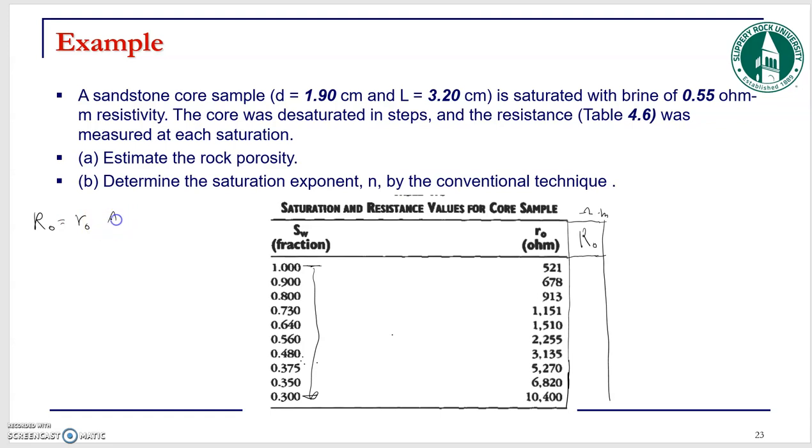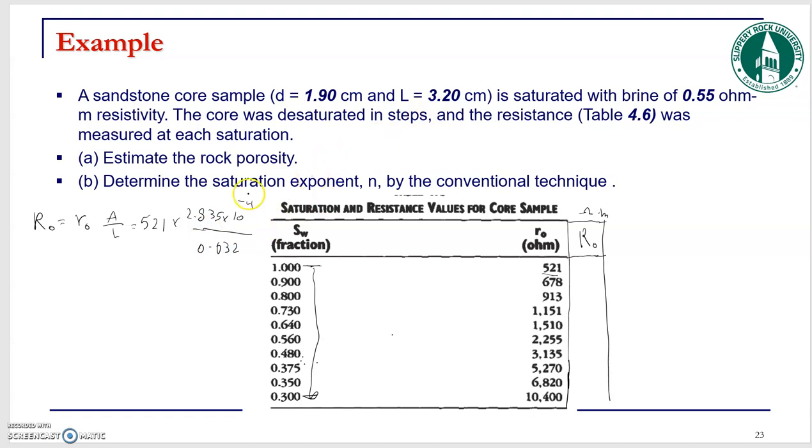It's pretty straightforward because we have the relationship between resistivity and resistance. It's R0 multiplied by cross-sectional area divided by the length of the core sample. So if we do it for the first data point, that's 521 multiplied by the cross-sectional area. If you do the calculation, you'll get 2.835 multiplied by 10 to the power of negative 4, divided by 0.032 in meter.